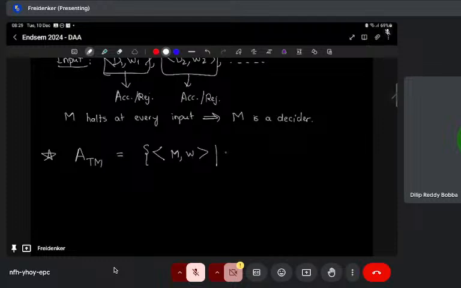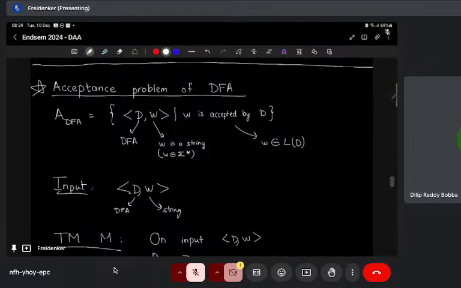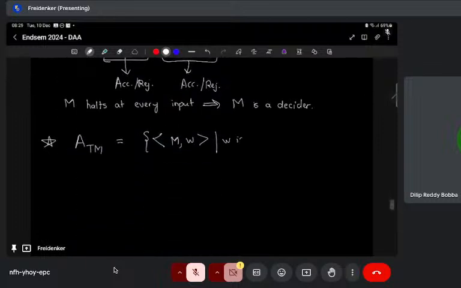It's the same story. Here W is accepted by Turing machine M. So this is the acceptance problem of Turing machines.